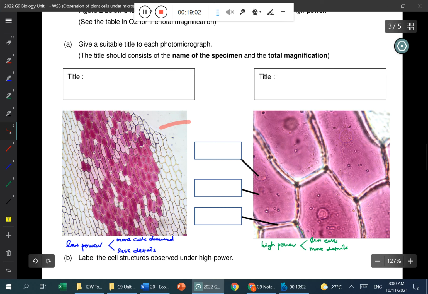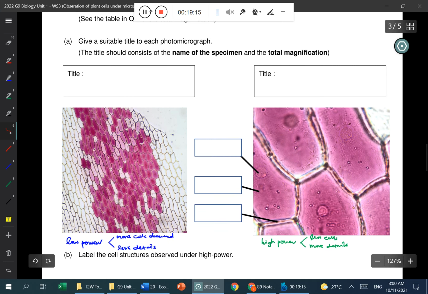Both these types of observations would be good, depending on the situation and your purpose. If you want to see the overall design of the epidermis, in this case, how the cells are arranged, how the cells pack themselves, or even you want to know how many types of cells are there in a certain specimen, a low power observation would be better for these situations because you can see many more cells there.